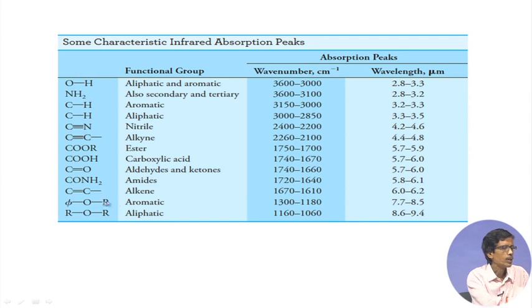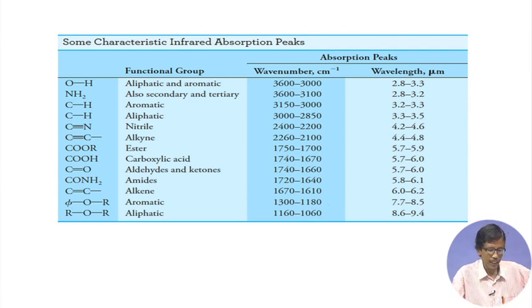And also sometimes we will find that if you have this phi as the phenyl function, that means the aromatic ether, that means PhOCH3 or CH3OCH3. So, if you have an aromatic ether function, that means ROR function, that ROR function will give rise to a corresponding frequency in the range of 1300 to 1180.